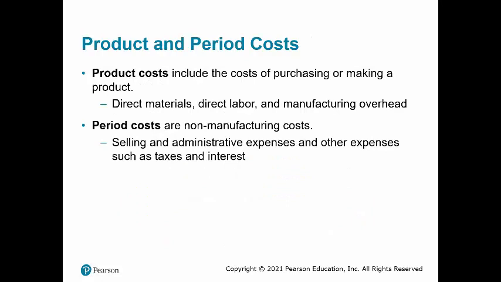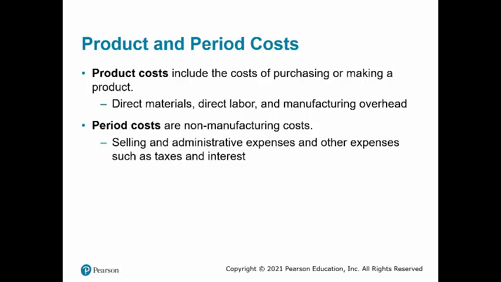We can also talk about cost in terms of whether they are a product cost or a period cost. So typically we say that our product costs are going to be our manufacturing costs. They're going to include the cost of purchasing or making the product and include the cost of the direct materials, direct labor, and manufacturing overhead.